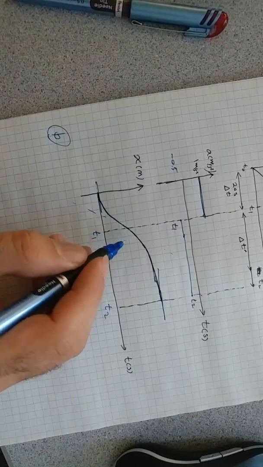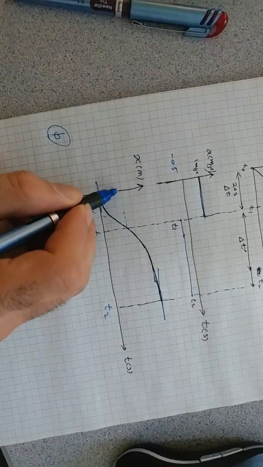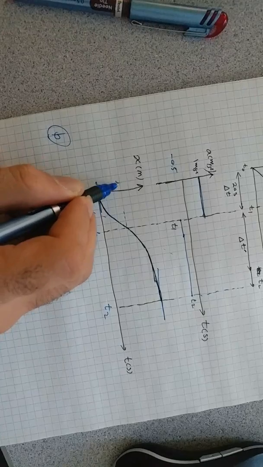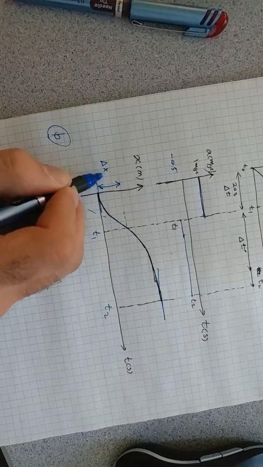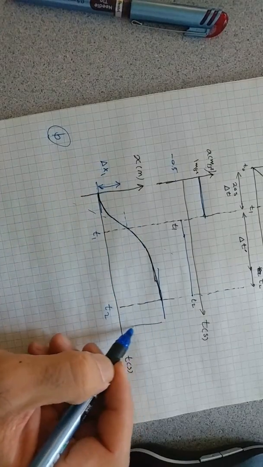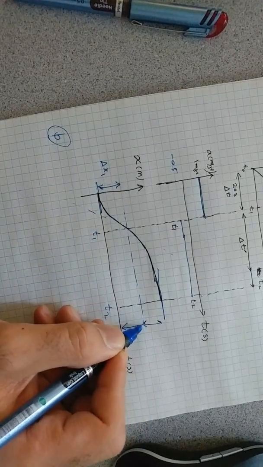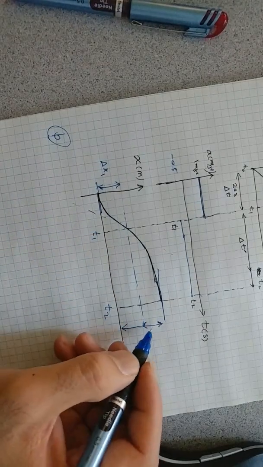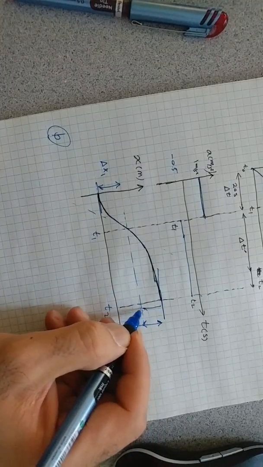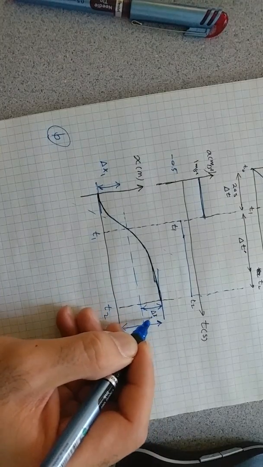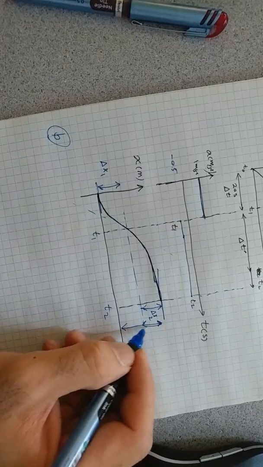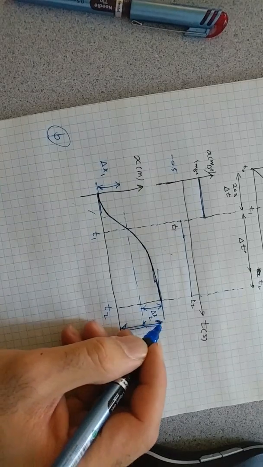If you don't mind, I call this one delta x1, and this much is delta x2, and this is the whole, right?